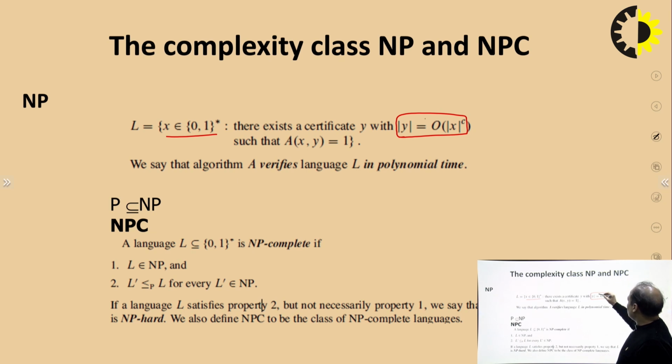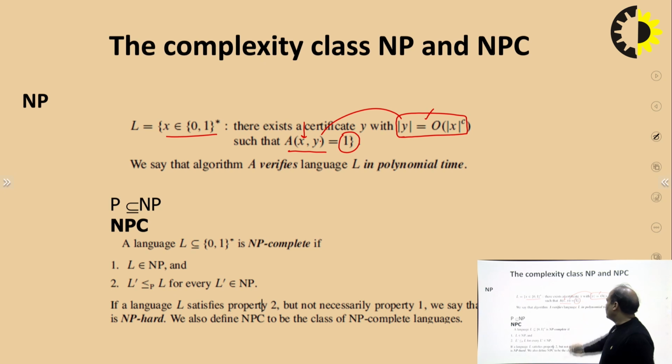So if this certificate is given in polynomial time such that there is an algorithm which can decide based on this input and this certificate, and it gives the answer as 1, that means yes, this problem is in the NP category. Not solvable in polynomial time, but it can be verified in polynomial time.